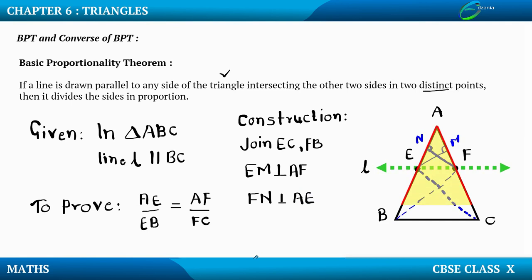So in given we have triangle ABC, line L is parallel to BC, then we have to prove that AE upon EB is equal to AF upon FC. Then in construction, we have joined EC and FB, drawn EM perpendicular to AF and FN perpendicular to AE. Now we'll go to the proof.